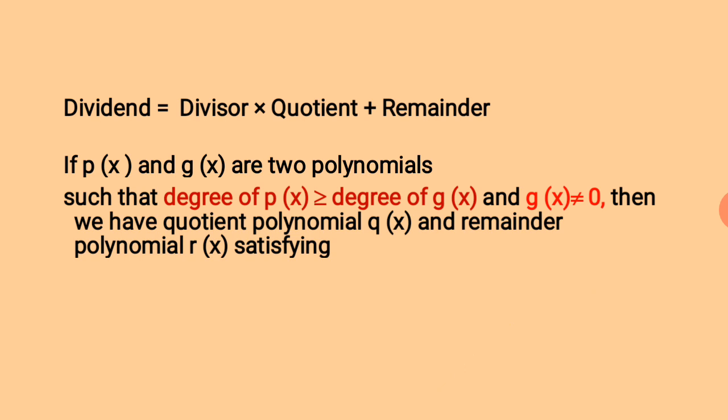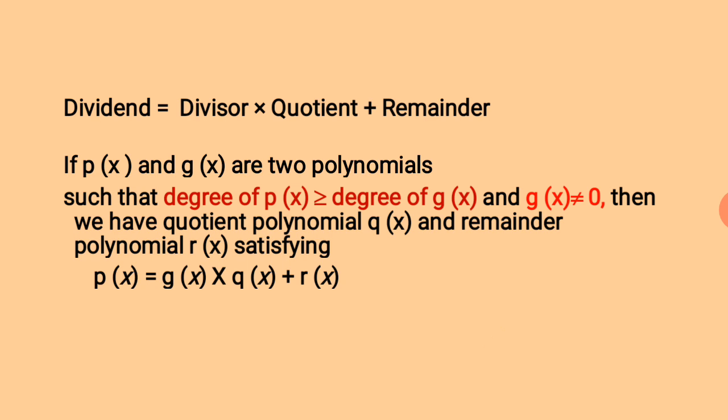Here we are going to consider g of x as the divisor in that case and p of x will be our dividend. Then we have quotient polynomial q of x and remainder polynomial r of x satisfying the statement p of x equal to g of x into q of x plus r of x.